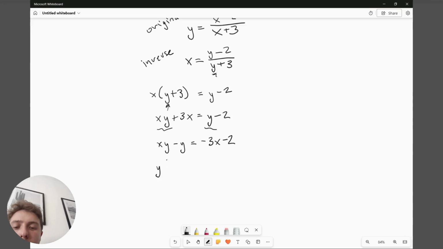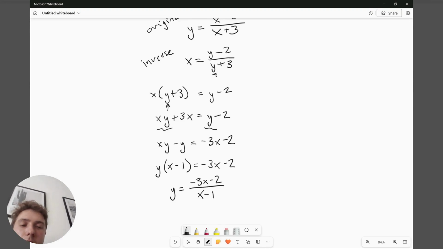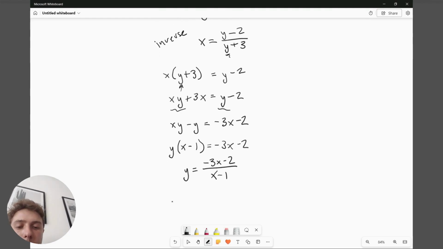So one thing I might look to do then is take the y's out and see what's left over. In other words, you could factor a y out, leaving us with x minus 1. But when I do that, now this is just y times something. So if I want y by itself, I could divide that entire component over. I could divide this entire thing by x minus 1 and end up getting the inverse function.